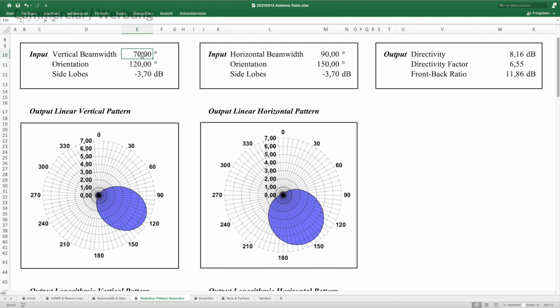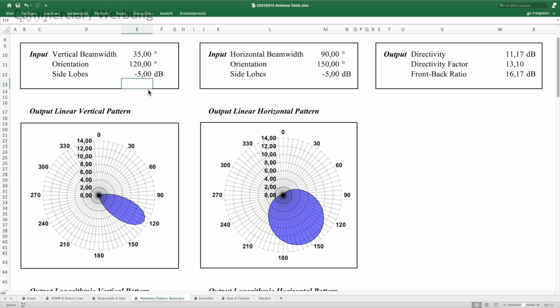And vertical we change from 70 degrees to 35. Already from the scale on the axis we can see immediately that it has now a higher directivity. And on the right side of the sheet here we get also the correct directivity as well as the front to back ratio of the antenna.